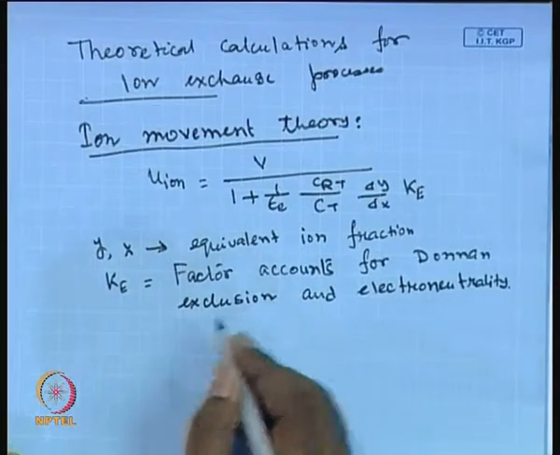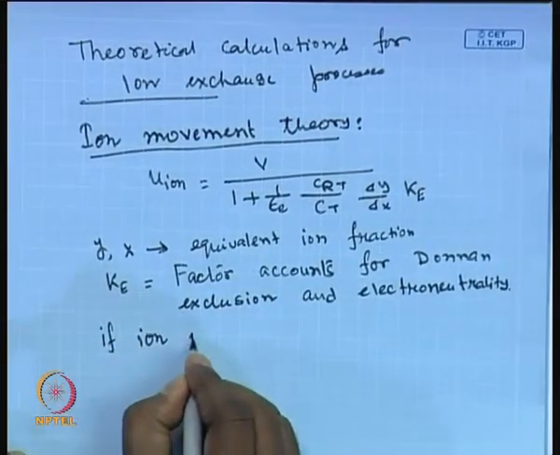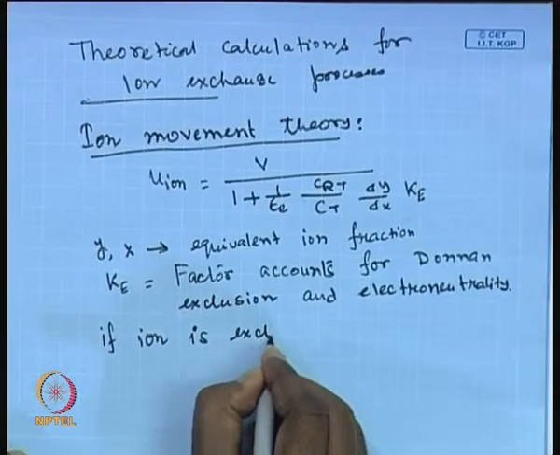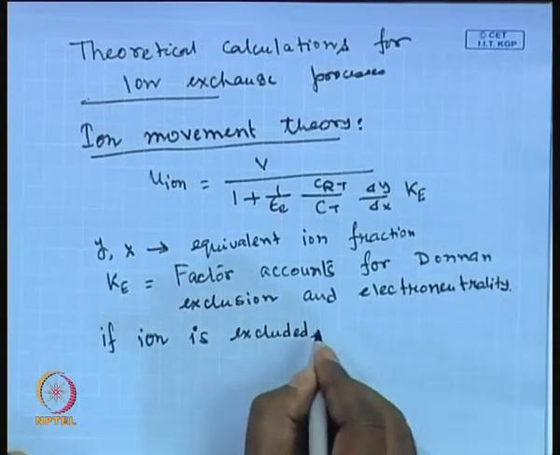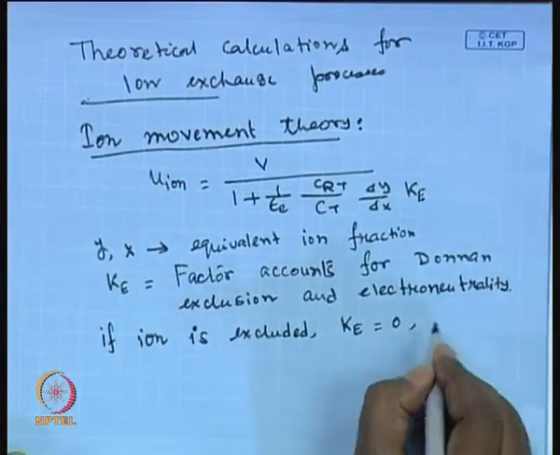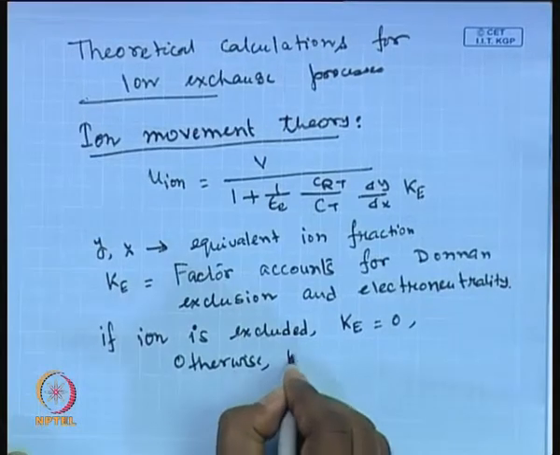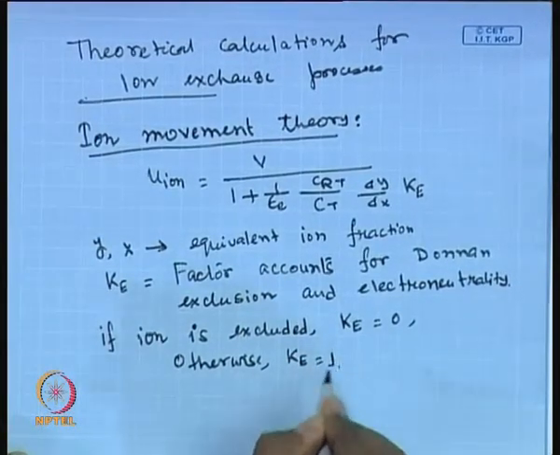If ion is excluded, then K E will be equal to 0, otherwise K E will be equal to 1.